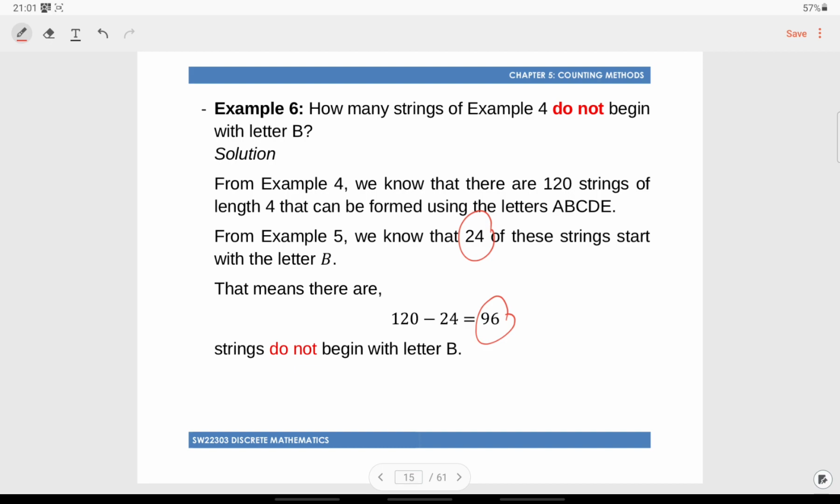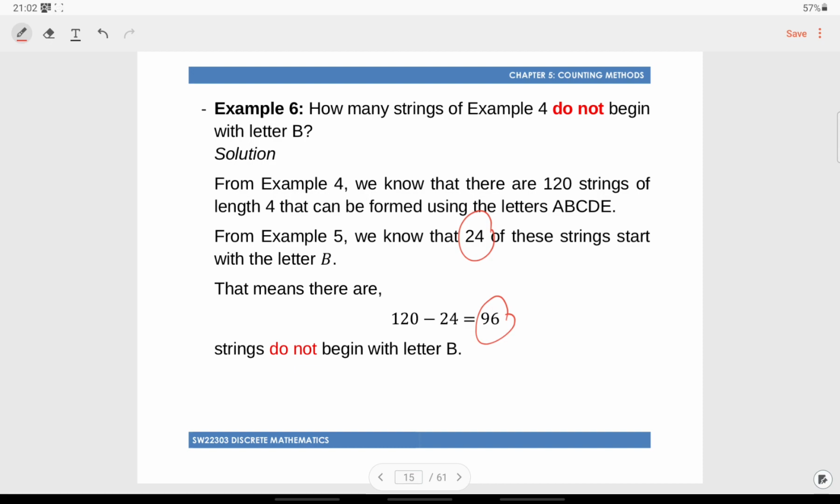It can start with A, C, D, or E. There are 96 different possible strings of length 4 that start with A, C, D, or E. In other words, there are 96 strings that do not begin with the letter B. If we use the concept of sets, this is just like the complement.